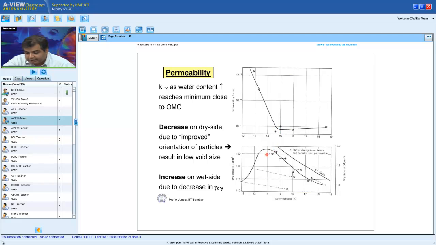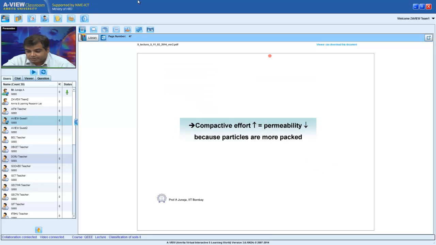But the idea is, if you need to compact the soil to have the least amount of permeability, you would normally compact it at a value slightly above the optimum moisture content, say about 2% or so. Thereafter, the permeability slightly starts to increase, but the minimum value is somewhere 2% above the OMC.